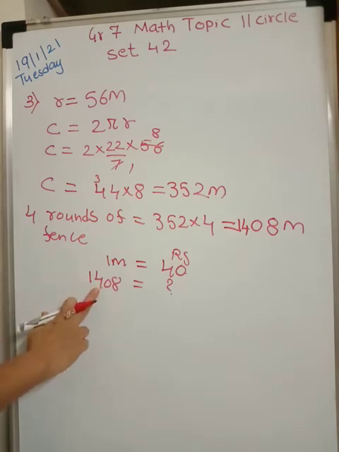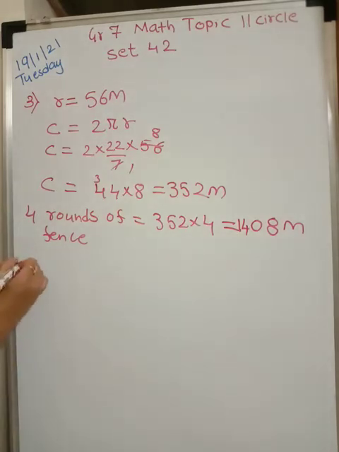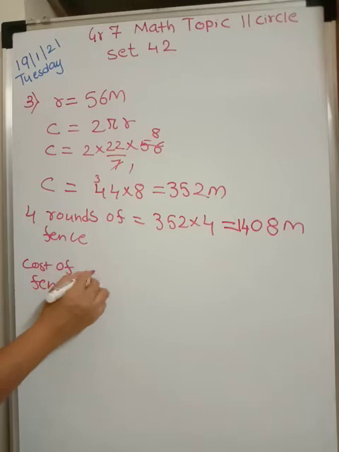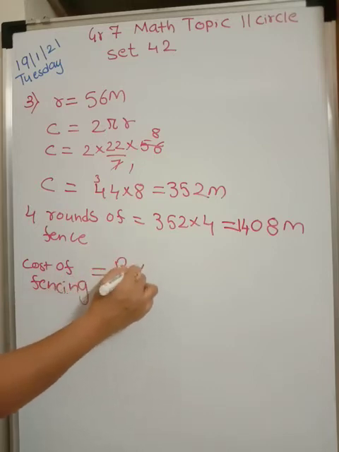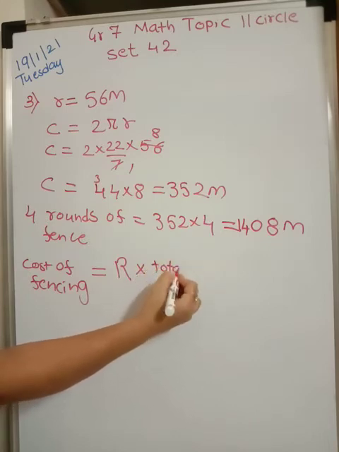So 1408 into 40, that will give you the cost. So you can say, remember this, cost of fencing is equal to rate into total length.